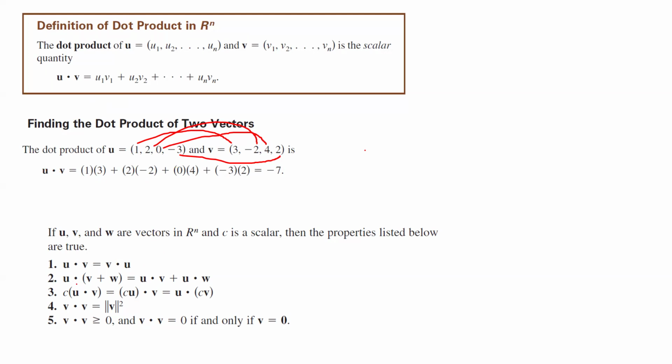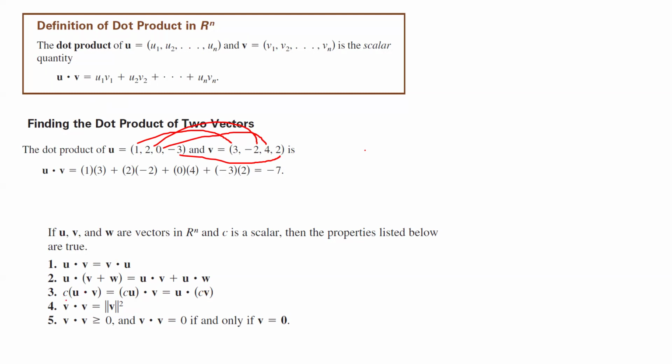You can distribute the dot product over the sum of two vectors. u dot (v plus w) is u dot v plus u dot w. If you're finding the scalar multiplication of c and the dot product between two vectors, it's basically grouping cu dot v or grouping cv dot u.